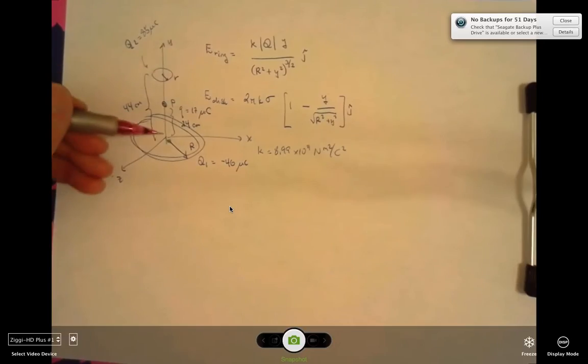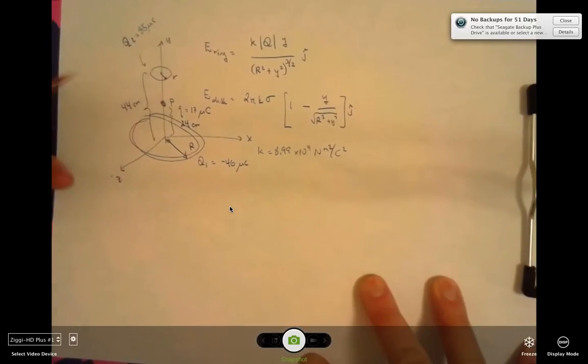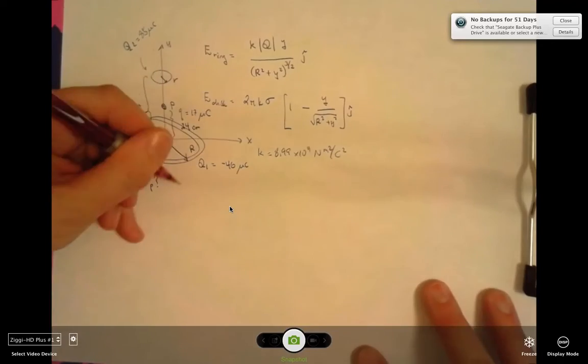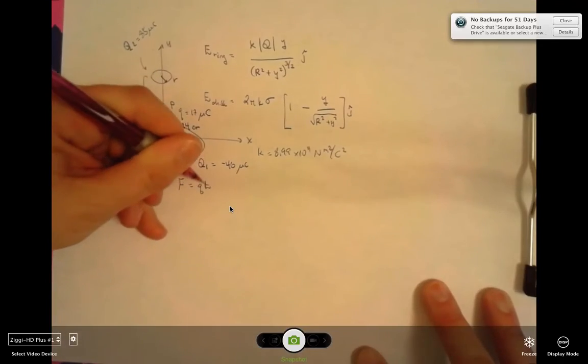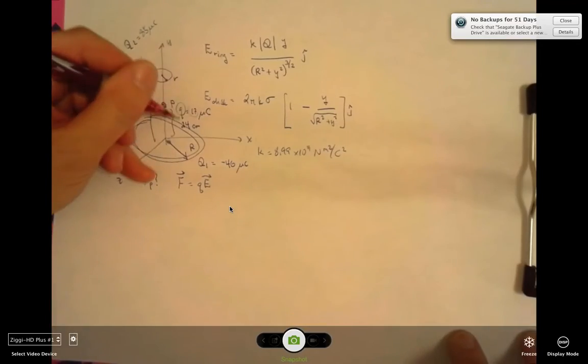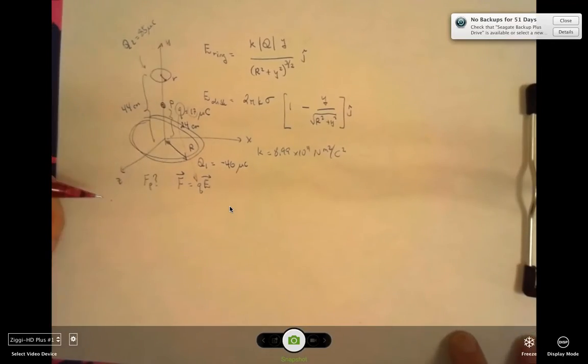The distance between the ring and the charge that we want to find the force on is this distance. So the force on the charge located at P. And remember, the force is simply equal to Q times the electric field. So it's going to be this charge Q, that's this one here, times the electric field at that location.